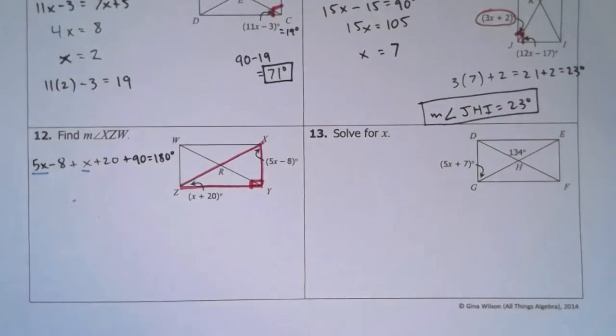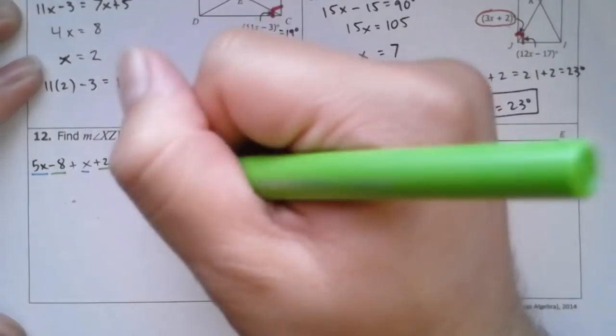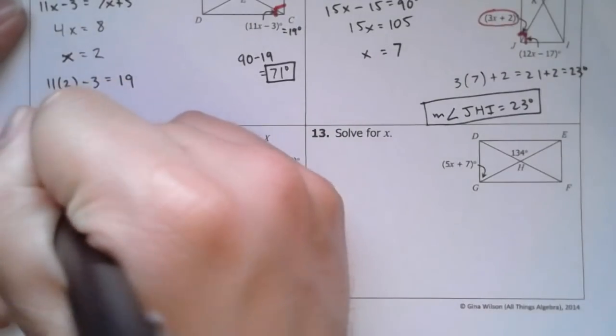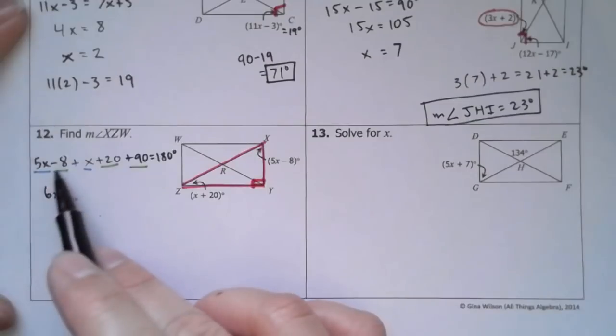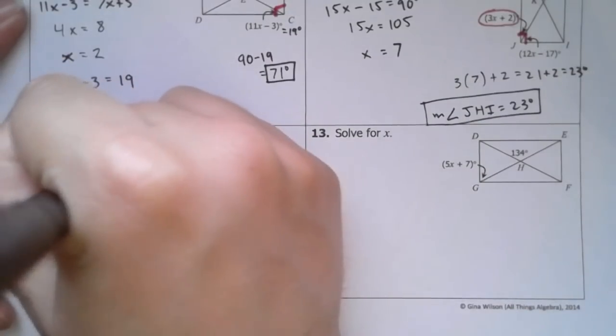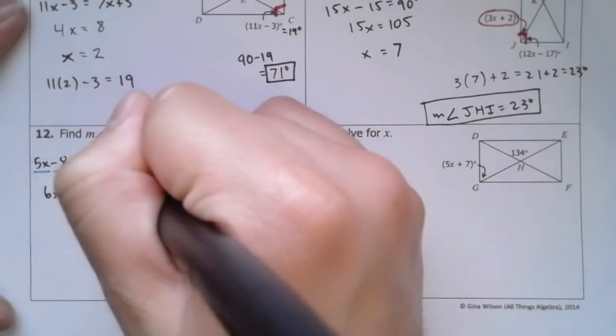Then I have three constants: negative 8, 20, and 90. I get 6x, those are my blue ones, and then my green I get 102, so plus 102, that's equal to 180 degrees.